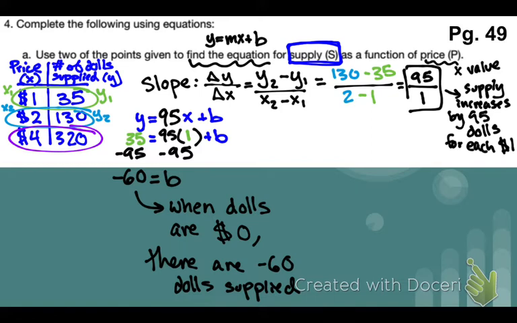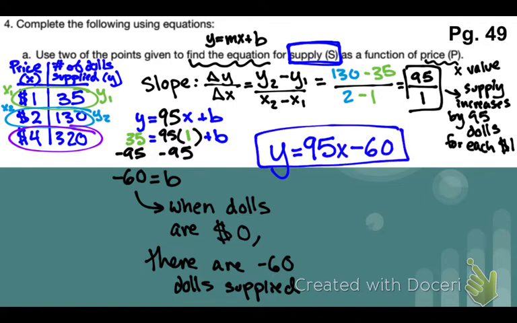So our equation for supply, we found our slope is 95 and our y-intercept is negative 60. That's our equation for supply. So we can have negative 60 as our y-intercept, but it wouldn't necessarily have real-world context.